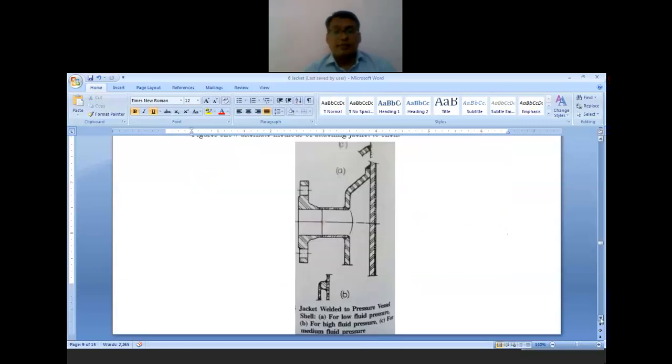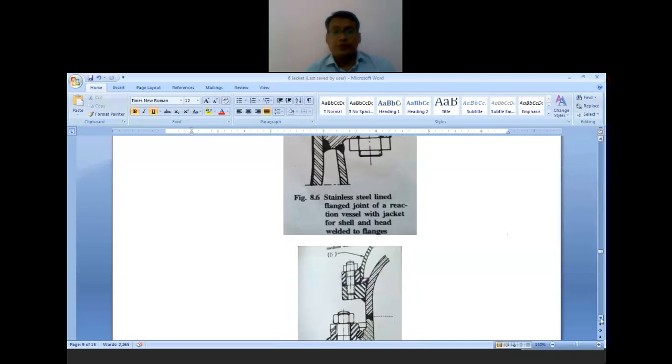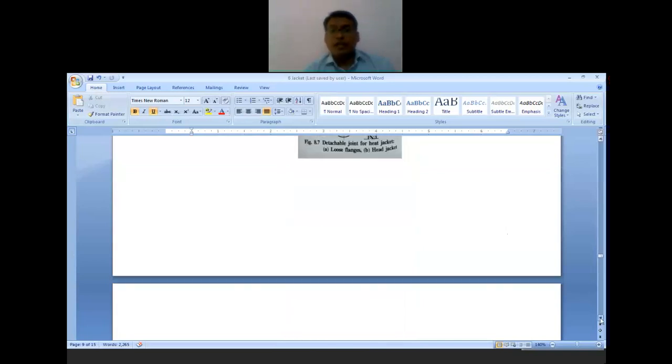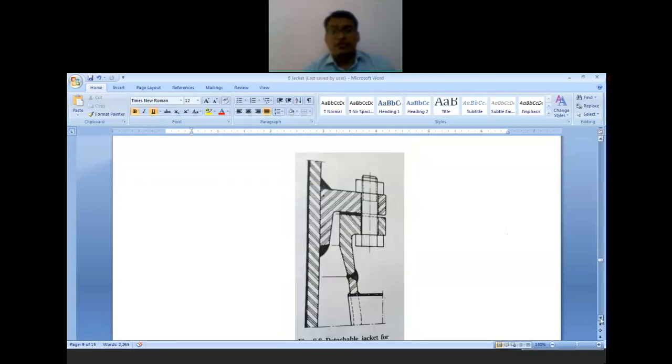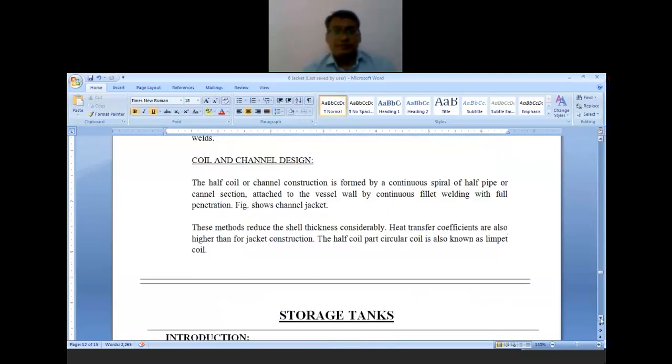Then there are design considerations that can be taken into account. So these are the different figures associated with the jacket attachments to the vessel. Bottom outlet in a pad welded and head and jacket.